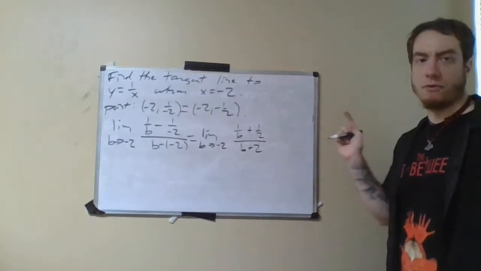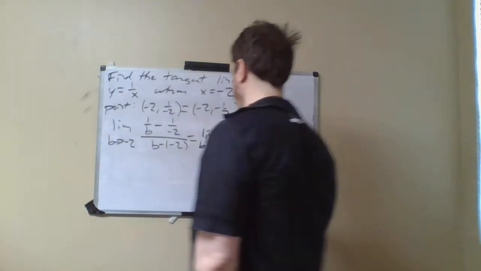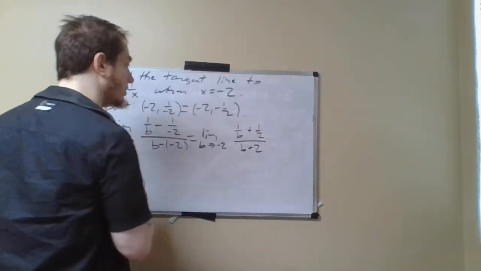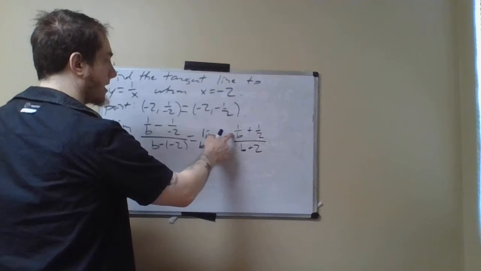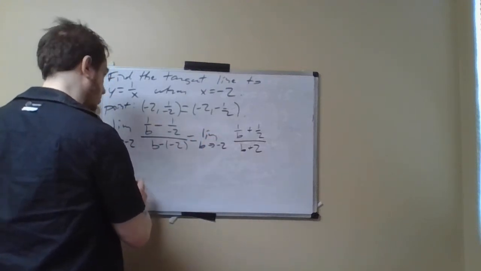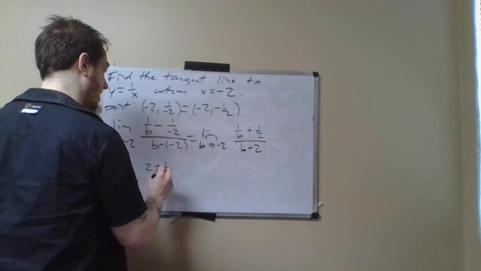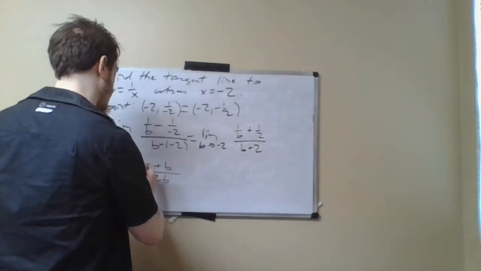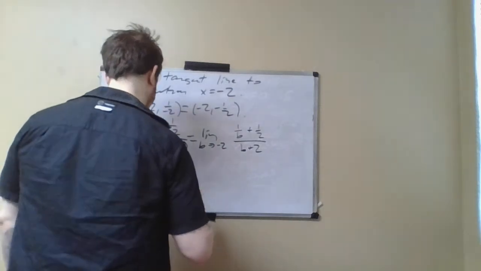That gets rid of some of our negative signs. And then if I multiply on the top and bottom by 2, I still have the limit as b approaches -2, and then I'm going to have (2 plus b) divided by 2b, all divided by (b plus 2).